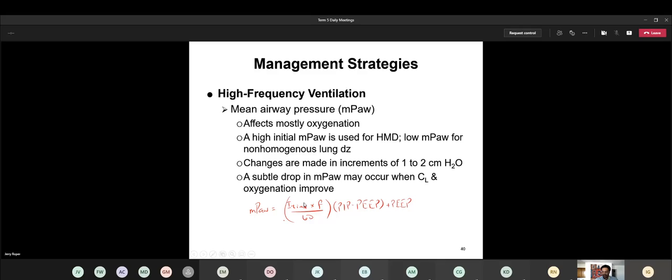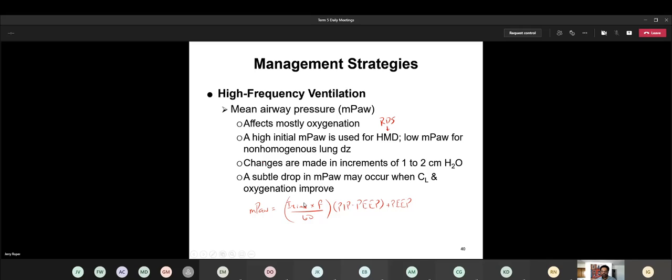Now, for HMD, of course, this is again the old terminology. This is RDS. So with RDS, you're going to have more pressure because those lungs are so bad. The compliance is so bad that you're going to need more pressure.